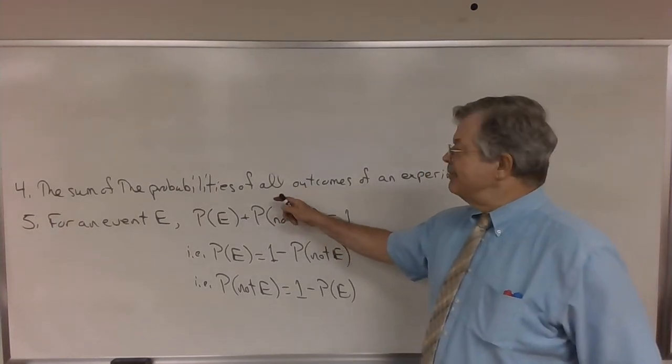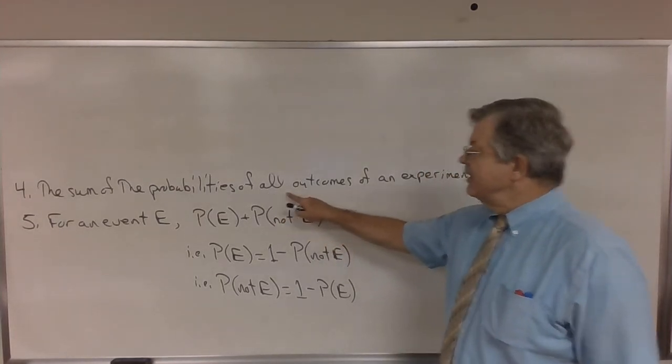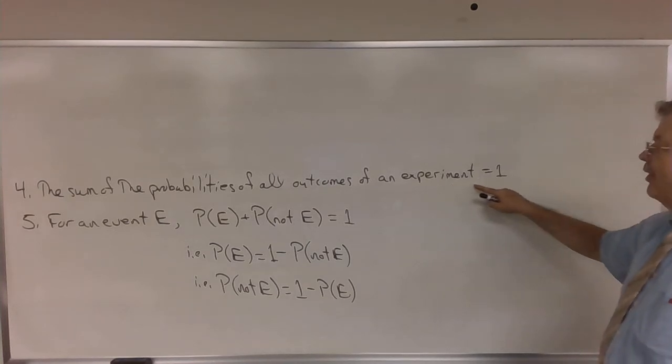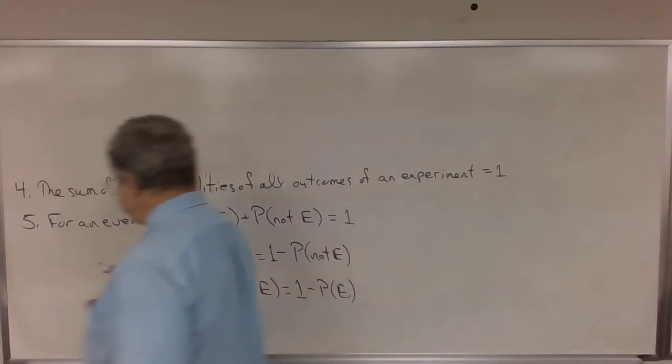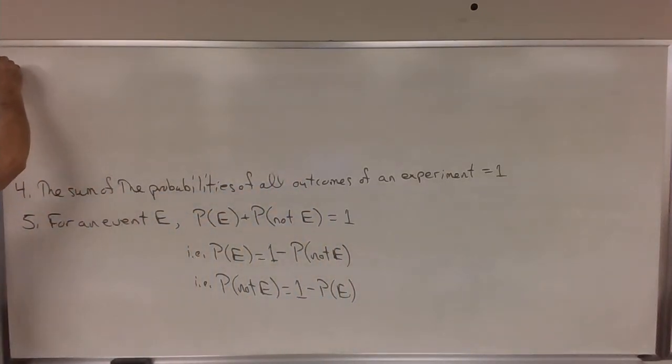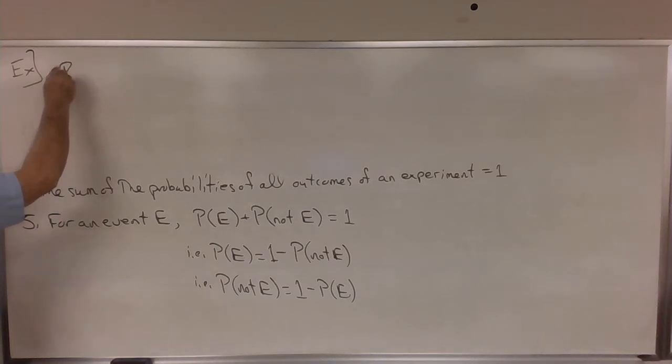Let's look at an example that illustrates number 4. The sum of the probabilities of all outcomes of an experiment equals 1. And for that, let's look at the experiment. We roll a single die.